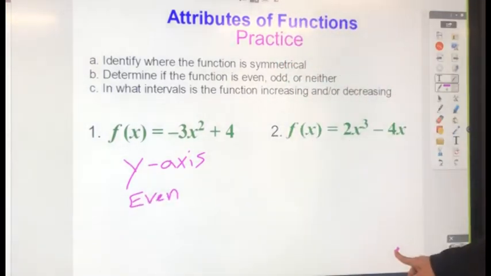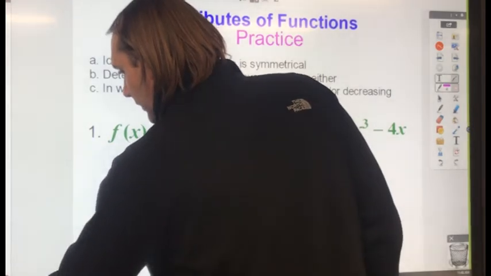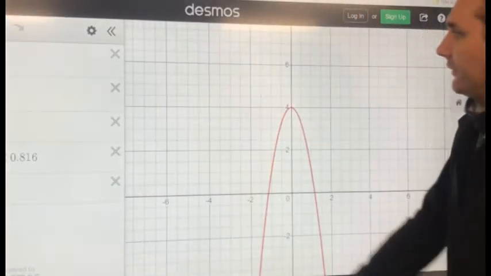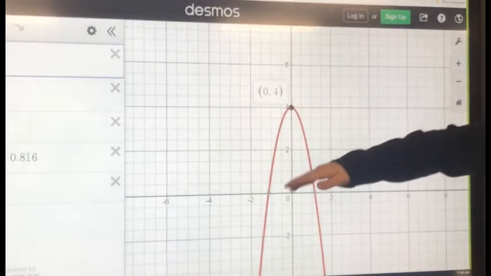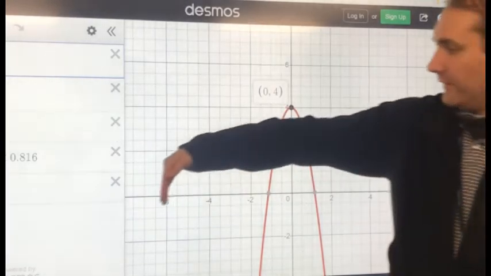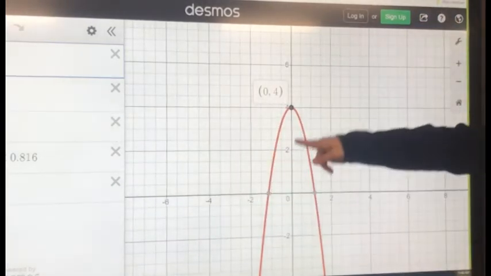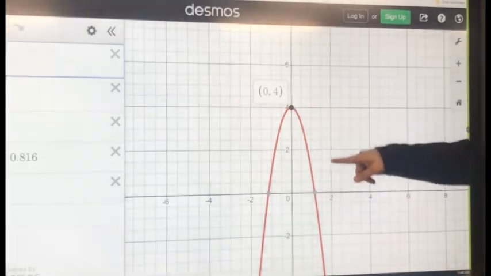And what are my intervals for increasing and decreasing? So tell me, from negative infinity to where? 0, it's doing what? Oh, I was right. I just did it backwards. From negative infinity to 0, it is increasing. And then from 0 to positive infinity, it is decreasing.